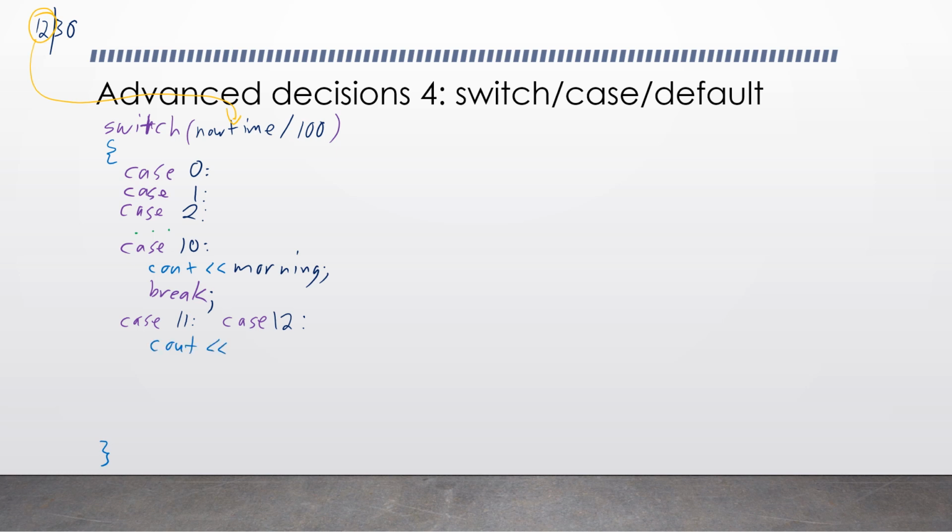Cout my good day phrase. And again, very important that I put in a break. If you don't put in these break statements, it will just keep running down the next set of statements and the next set of statements and the next set of statements.